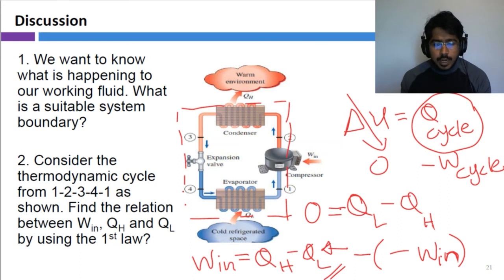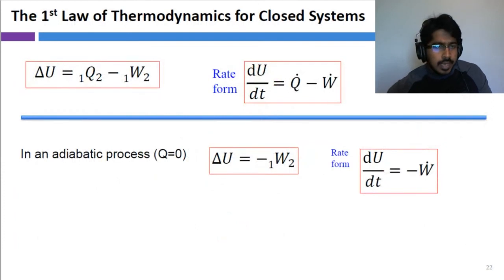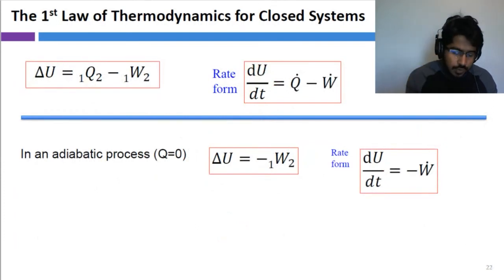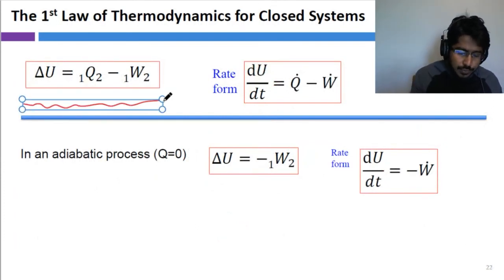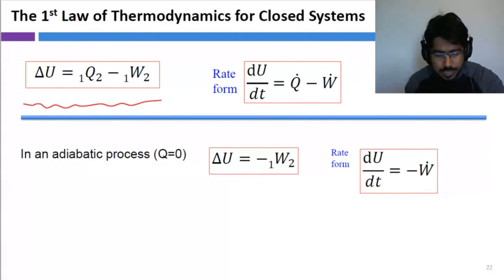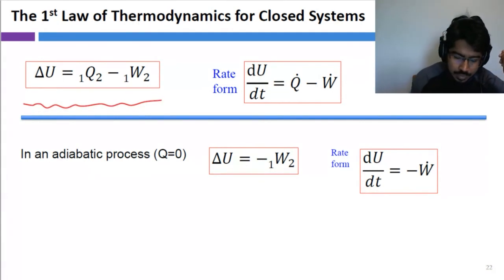So now you see how we can apply the first law equations to identify the energy balances of some important processes, right? Any questions so far? I assume none. And we established this form earlier of the first law of thermodynamics, and the rate form is given here.